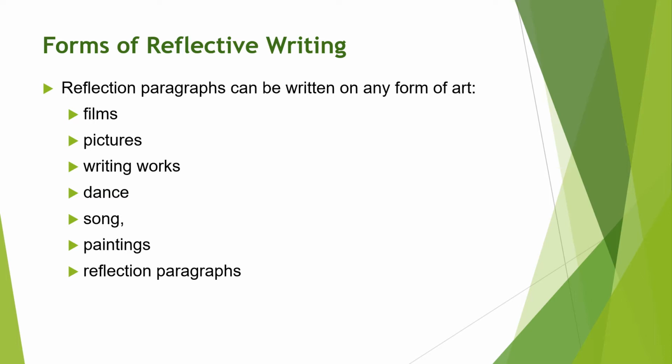In a reflection paragraph, the student should instill not only a review of the work, but also an objective analysis of the work and how the result affects society. So this can be written again in a different form of art. So let's continue.